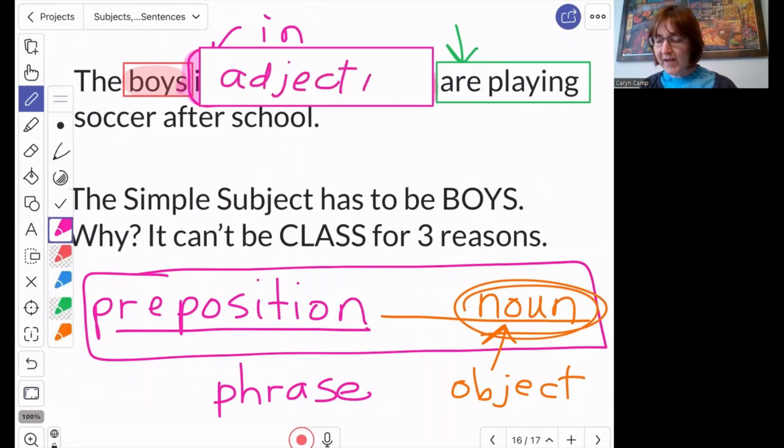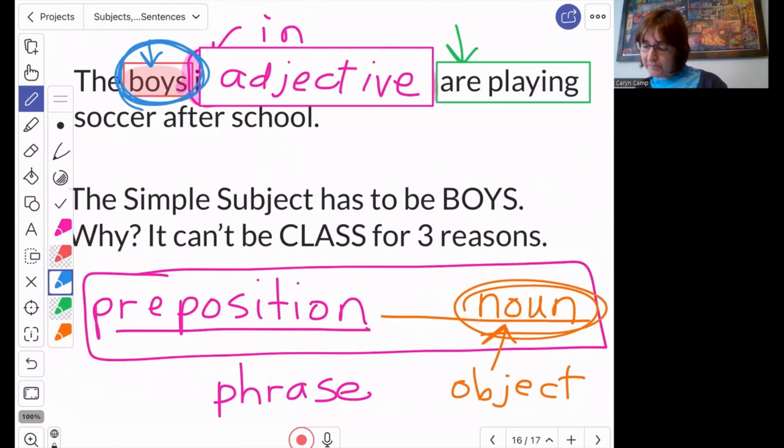That whole prepositional phrase, in Miss Camp's class, was just giving us more information about these guys, telling us which boys we're talking about. The ones at Eagle Ridge Elementary, the ones in Colorado, the ones in Mr. McLean's class. It was just helping us know more about our simple subject, which is boys.